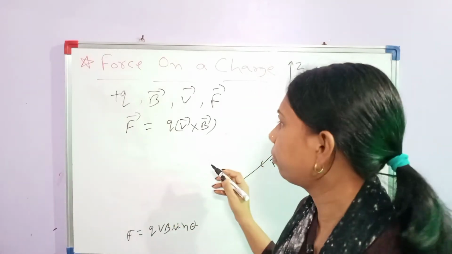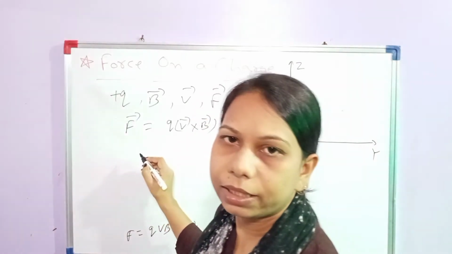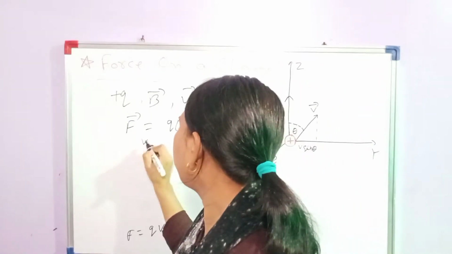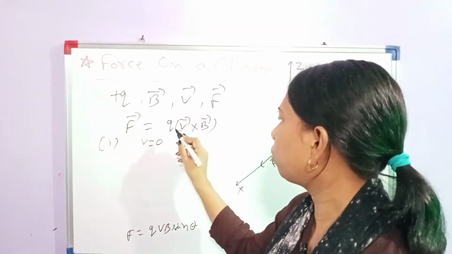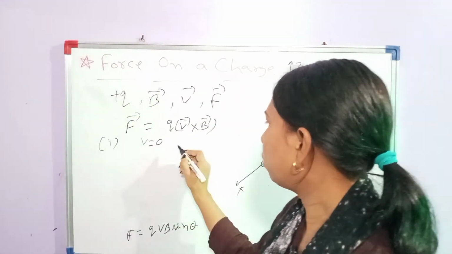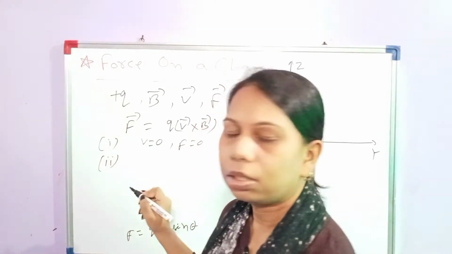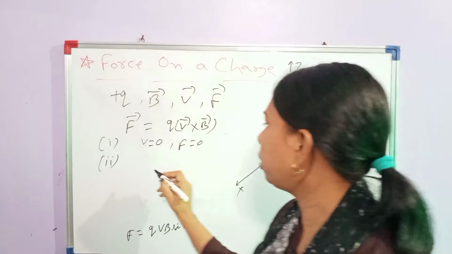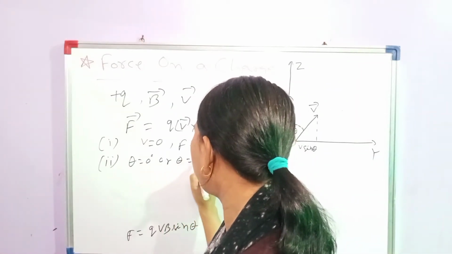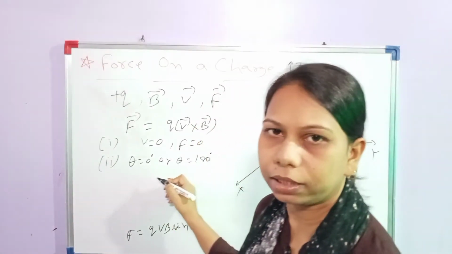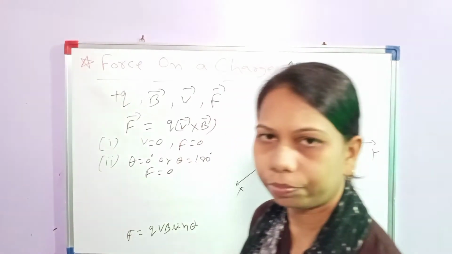Special cases. Case number 1: charge is at rest, V equals 0. So F equals Q V B sin theta equals 0. Next case, if theta equals 0 degree or theta equals 180 degree, then also sin theta is 0, so F equals 0.